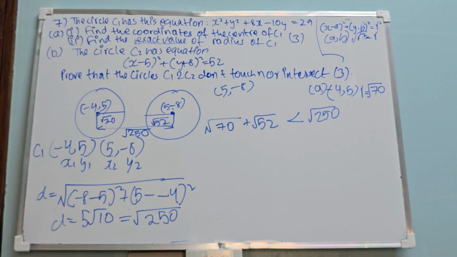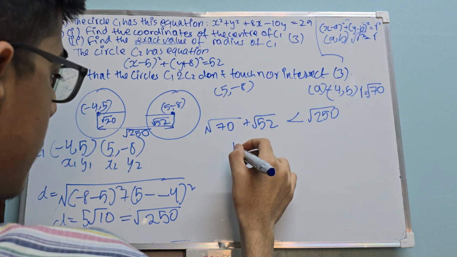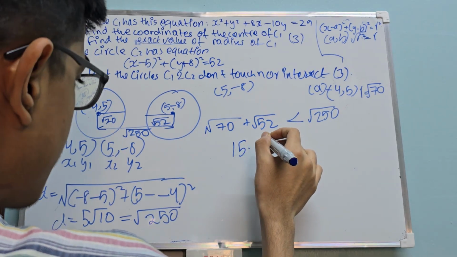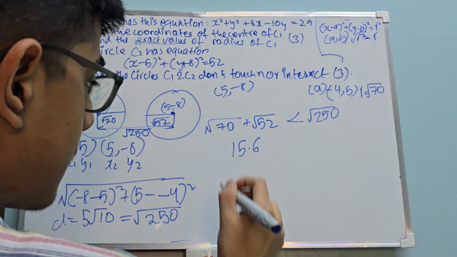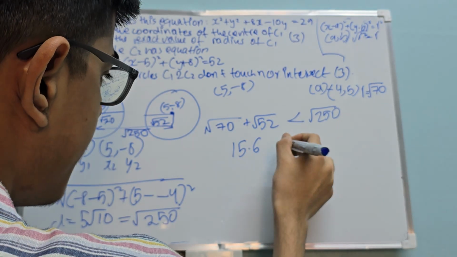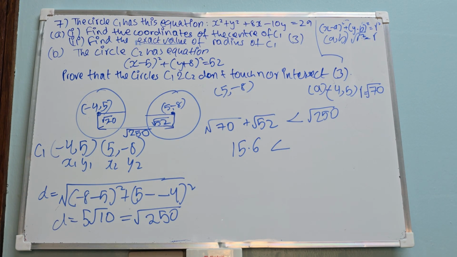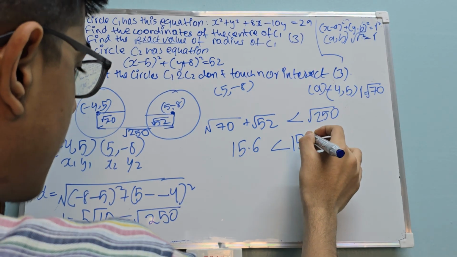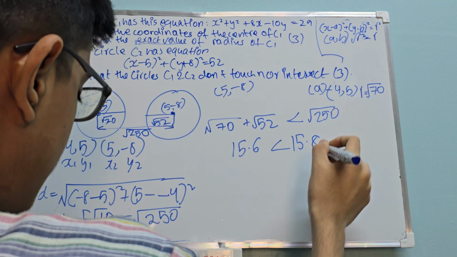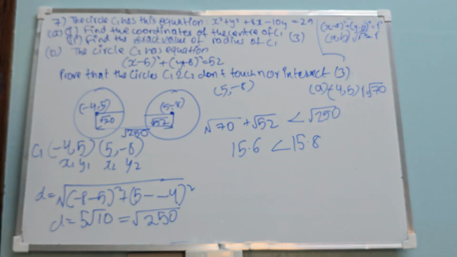So root of 70 plus root of 52 is going to give us 15.6 to 1 decimal place, and root of 250 is going to give us 15.8 to 1 decimal place.